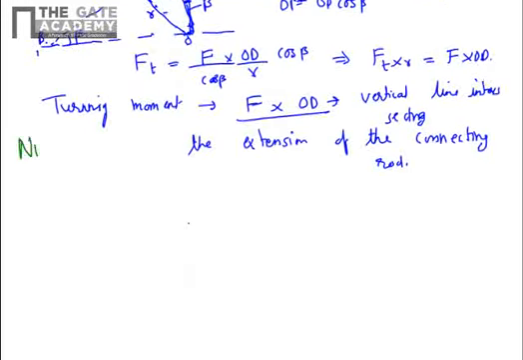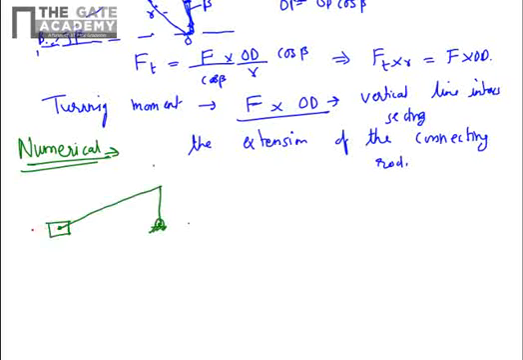Now we will take a numerical problem on the subject of piston force analysis. So the crank is given at the 90-degree position. So theta is given to be 90 degrees, and this is the piston, the connecting rod BA, and the crank center O. This is the angle beta. The length of the connecting rod is given as 2 meter. The radius of the crank is given as 1 meter.